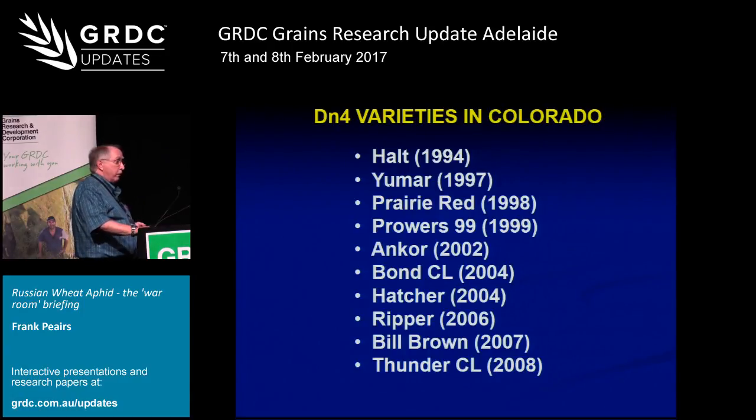We have produced a number of varieties containing DN4 over the years, a total of 10 now, and at one time those varieties represented approximately 40% of the acreage in Colorado, so it was a very successful approach for a long time. I won't show you the data, but we have data that will show you that if you planted one of these varieties, you would not need an insecticide. So it's quite effective resistance.